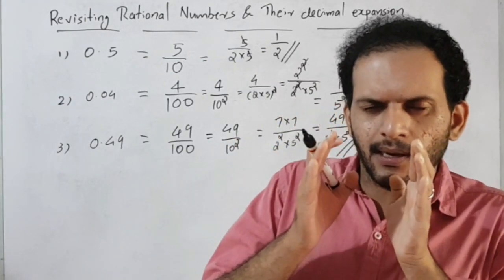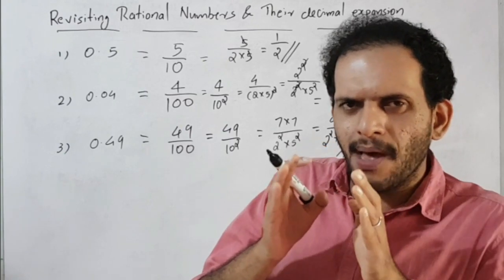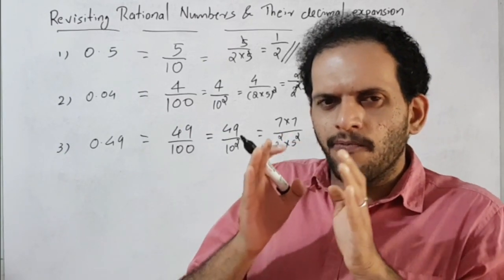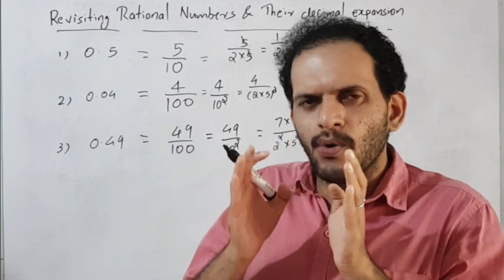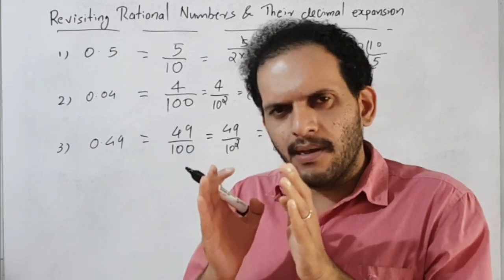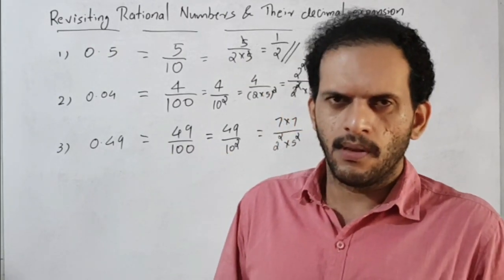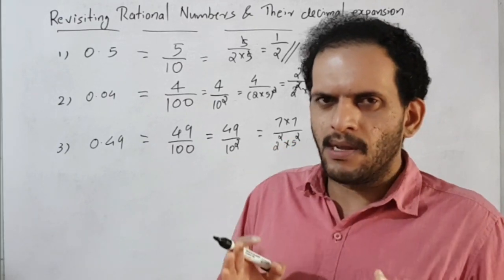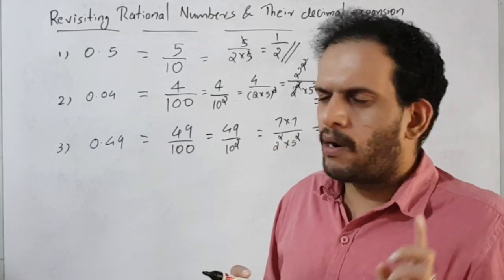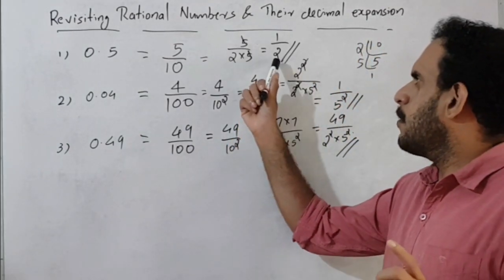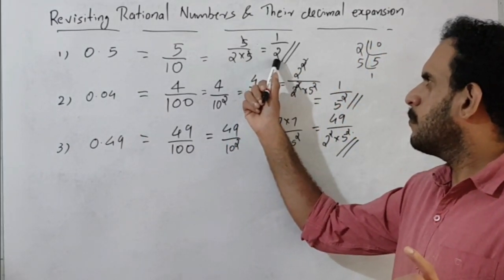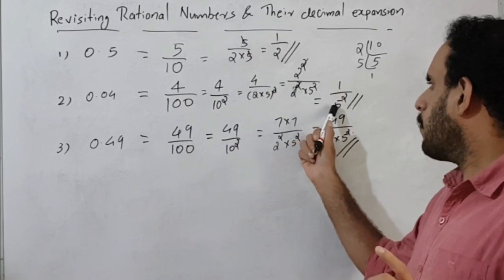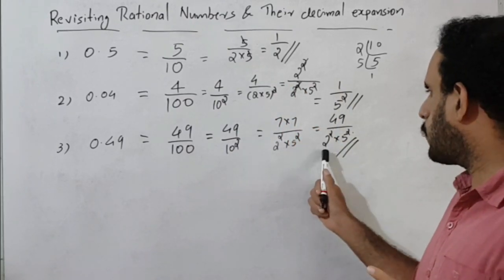Okay, in the case the rational number's decimal expansion is terminating, if we factorize the denominator of that rational number, then we get the denominator only in the form of 2 or 5 or the combination of 2 and 5.